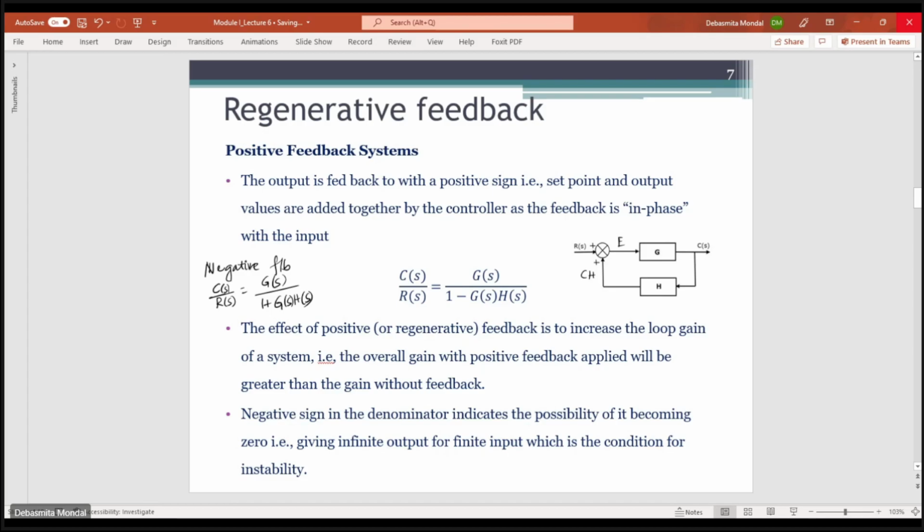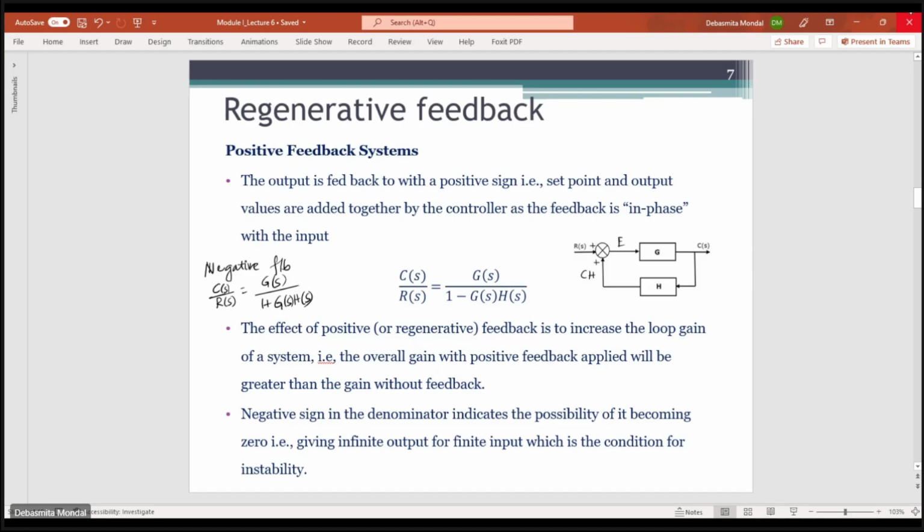Now, why do we want a positive feedback system? The effect of positive feedback is to increase the loop gain. Here you see that you have 1 minus G(s)H(s), so the denominator is less than 1, and the overall gain of the closed loop system increases. That is one of the advantages of a positive feedback system: it can be used to increase the gain of the system.